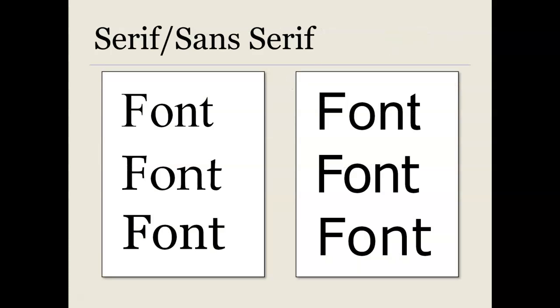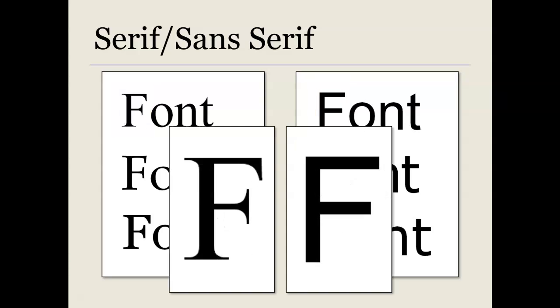The ones on the left here, these are all serif fonts. The ones on the right, these are all sans serif fonts. Take a look at some of the differences. How about this F and this F? Notice what's going on.